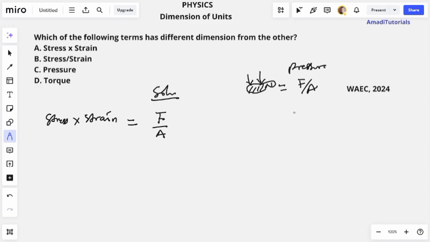Then for stress, stress happens within the body of a material. So if you have a body like this, within the internal molecules of this material, what kind of pressure is it giving out? When subjected to certain things like heat or being beaten or being stressed, like in elasticity.